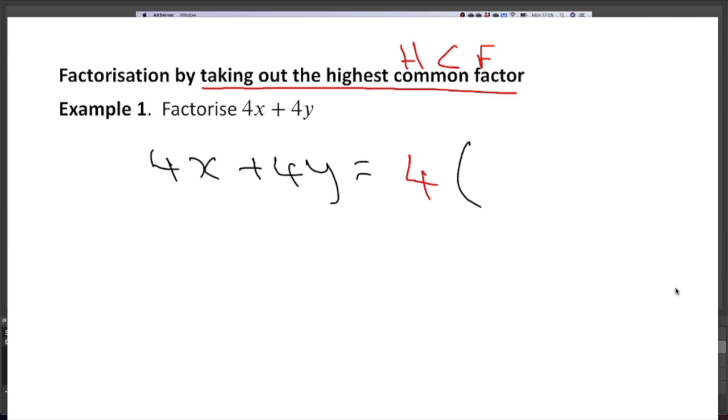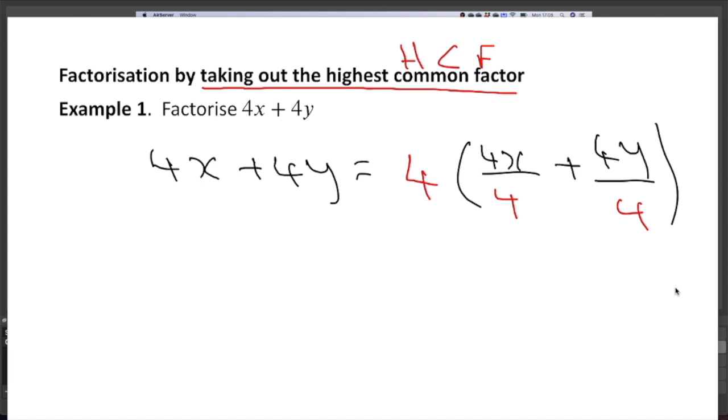Now, if you know one factor, you get the other factor by dividing by the factor that you know already. So we now need to take our 4x and divide it by 4. Also, take that 4y and divide that one by 4. That is how you get the other factor.